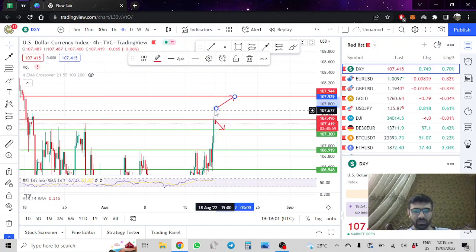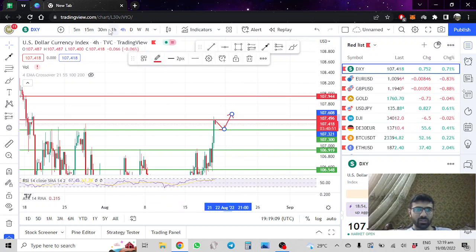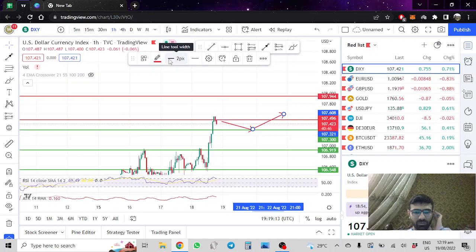Something like this. But we have to wait and watch what it's gonna do. If we have to trade in a smaller time frame, we have to wait for it, for a double.